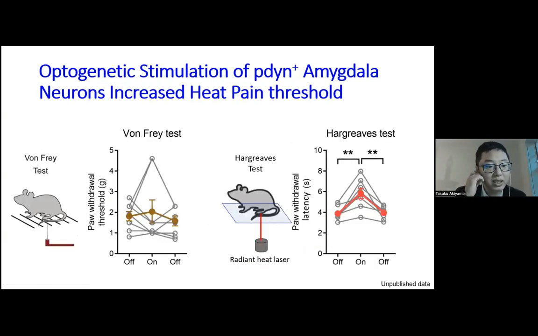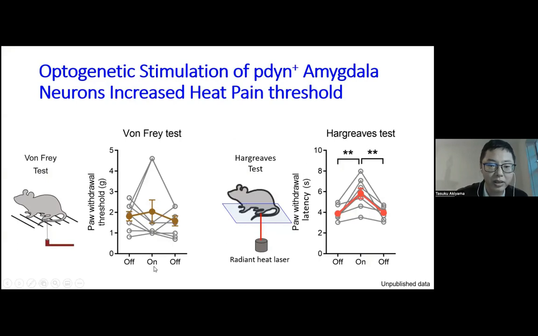And then next we test the pain test. We use the Von Frey test for mechanical pain. We also use the Hargreaves test for the heat pain. So in the case of the mechanical pain, we don't see a significant change of the mechanical pain threshold by delivering the red light.